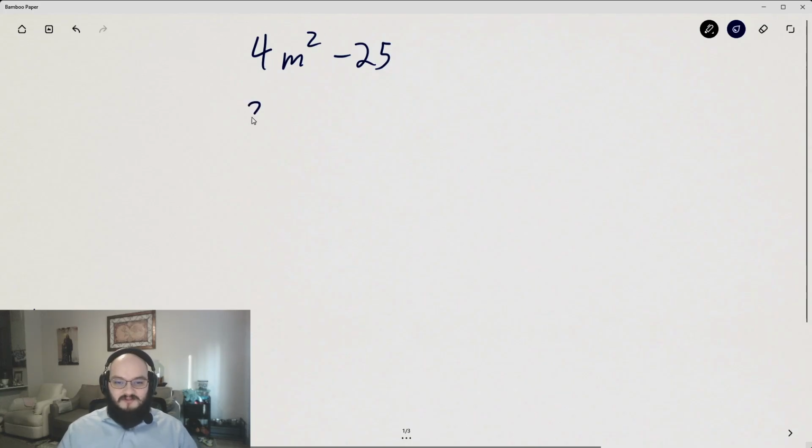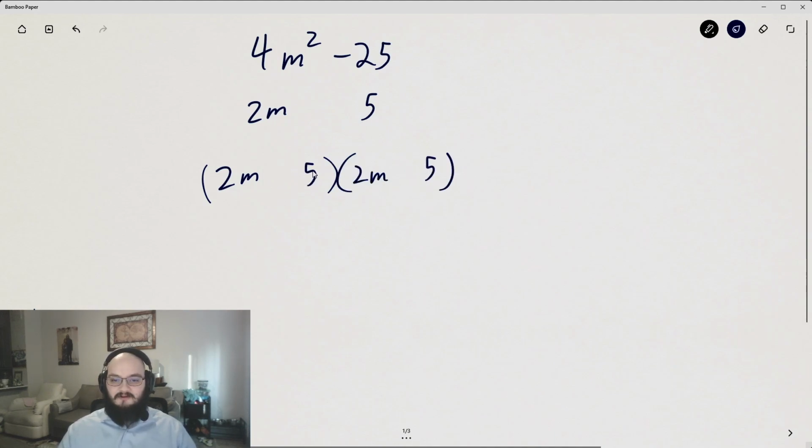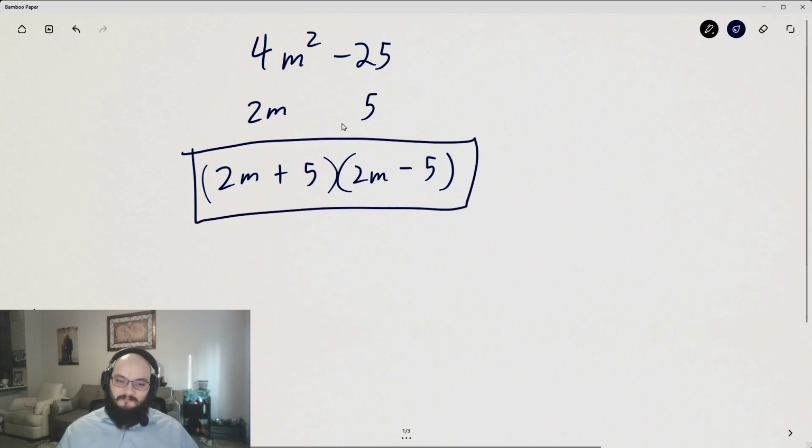Square root of 4m squared is 2m, and the square root of 25 is 5. 2m goes in the first slot for each of our factors, and 5 goes in the second slot for each of our factors. One of them's added, one of them subtracted, and we're done. This is the factorization for this quadratic.